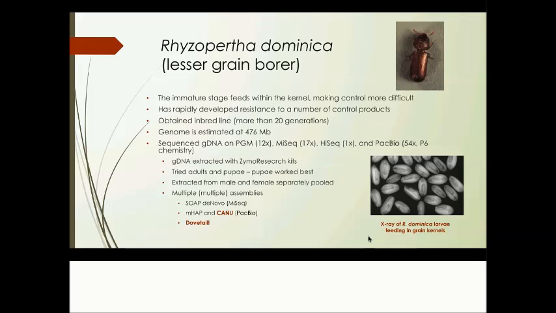So this is lesser grain borer, and this was the first project that I took leadership of. It is an internal feeder, and so it is more difficult to control. It's more difficult to study because the immature stages feed within the grain kernels.